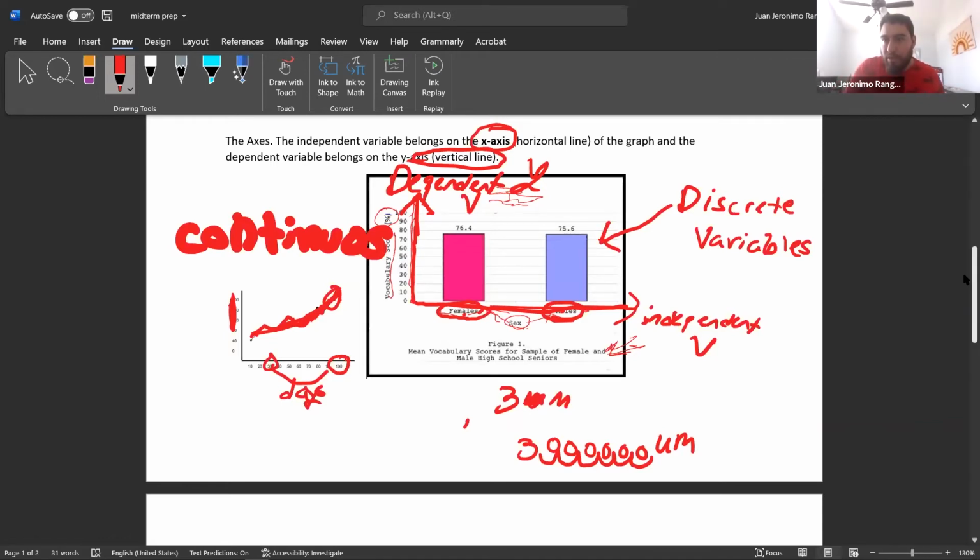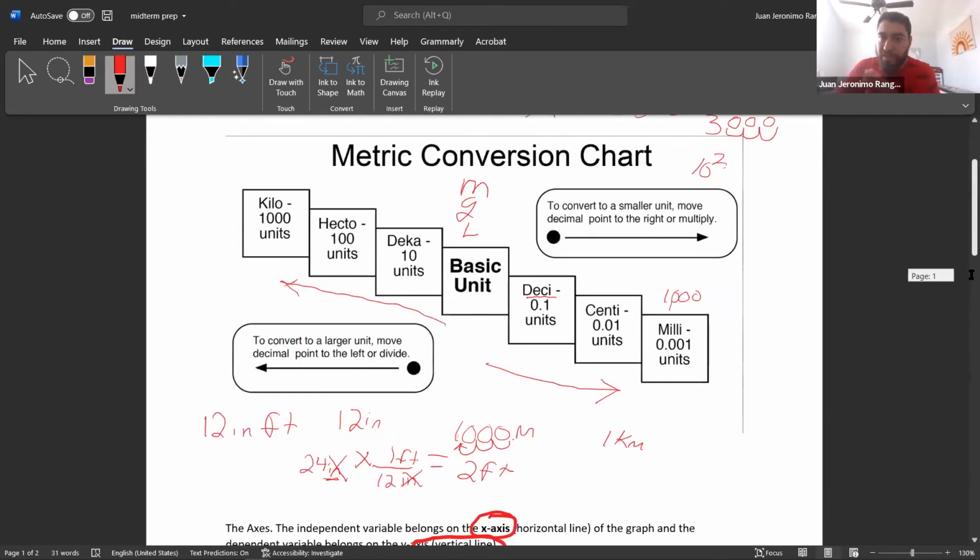So if you're to convert this micro whatever, it's way out here, so it's right, 1, 2, 3, 4, 5, 6. Yeah, so it's way out here. So if I ask you to convert from micrometers to meters, you have to remember that you got to go through these steps.